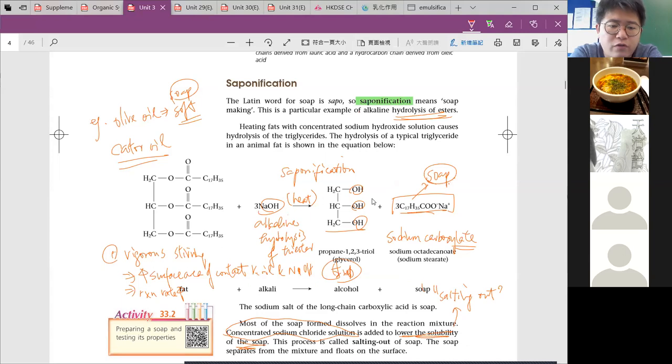If you want to speed up the whole process, you may apply heat. But most of the time, for the soap on the market, especially DIY soap, they seldom use heat. What they need to do is to quickly stir the alkaline NaOH together with fats and oil. You just stir it until the solution becomes cloudy. Later on, I pour those sticky liquid.